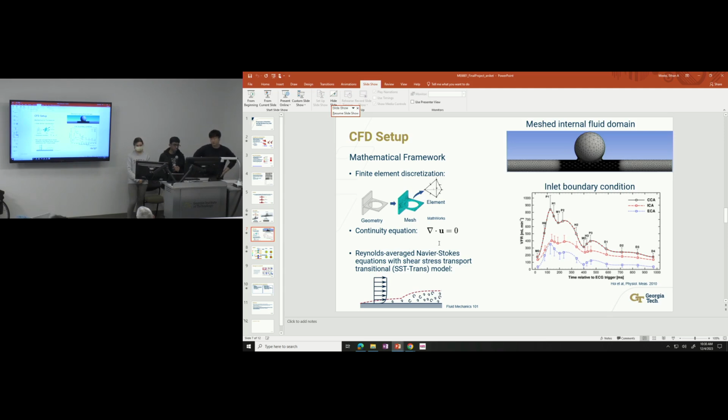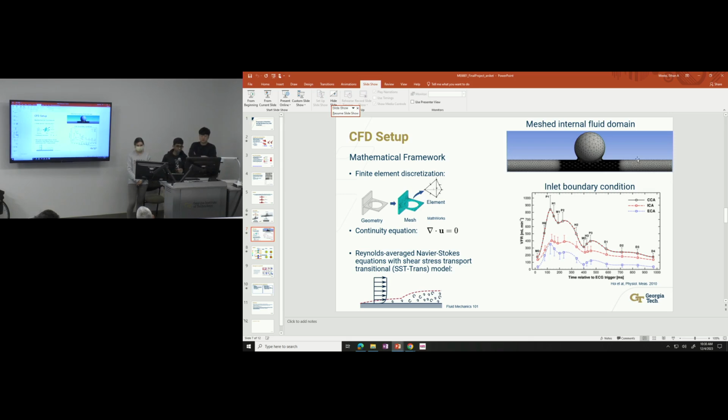We then use the continuity equation for mass balance, and then we use Reynolds-averaged Navier-Stokes equations, which decouple the time-dependent and steady-state solutions. And for the time-dependent solution, we wanted to incorporate turbulence as well, which is why we use the shear stress transport transitional, or SST trans model, to incorporate the transition between laminar and turbulent fluid, which is important as you go from the straight vessel into the aneurysm and then back out.